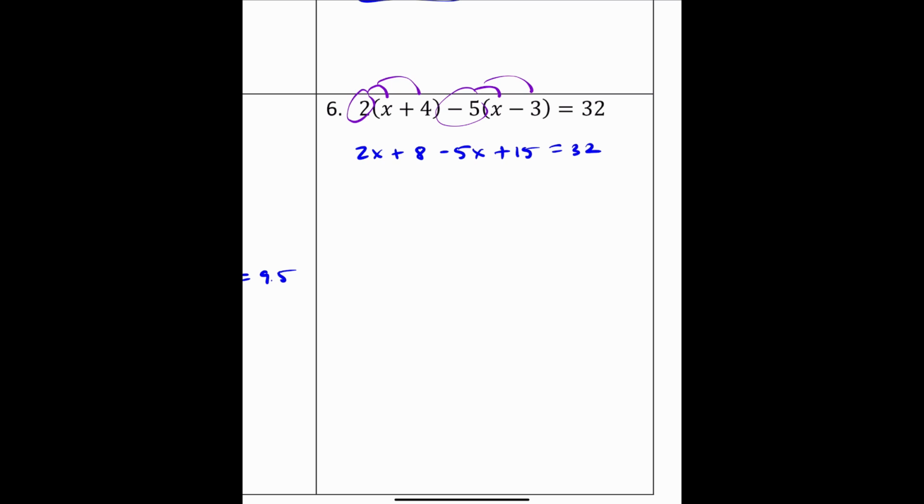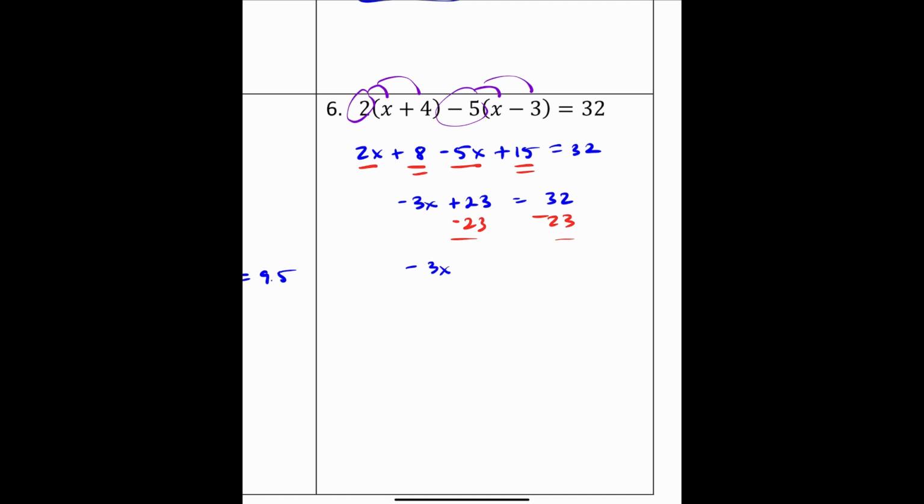Okay, so on the left-hand side of the equal sign, I can combine the 2x and the negative 5x, and I can combine the positive 8 and the 15 together. So 2x minus 5x, that's negative 3x, and then positive 8 plus 15, that is positive 23, equals 32. Subtract both sides by 23.